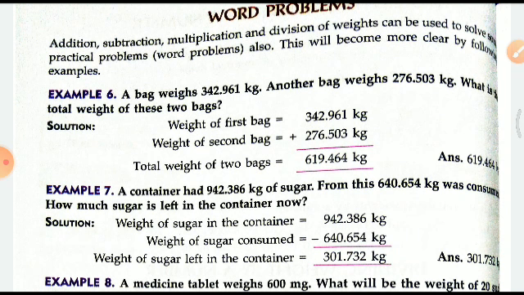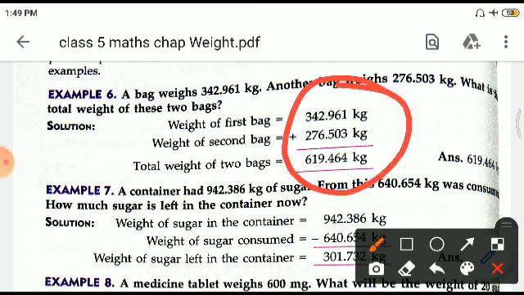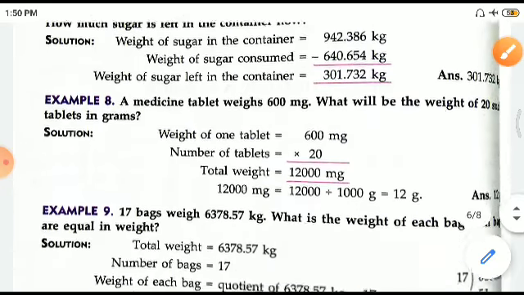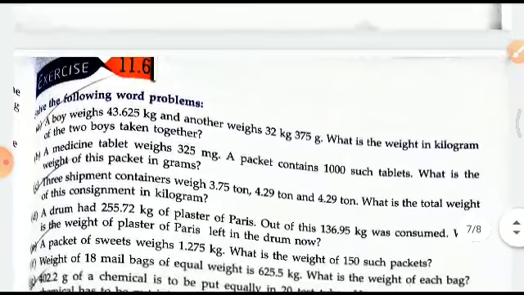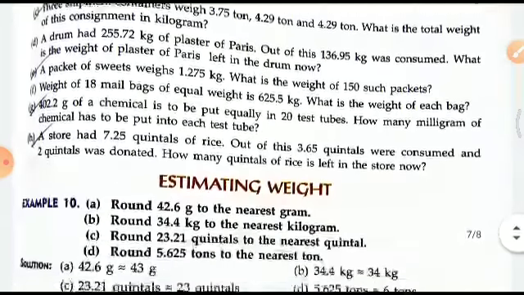Total weight means addition, so we will be adding the two quantities. See, this has been exactly done here. 342.961 is added to 276.503 to get 619.464. So this is how you'll identify whether it is addition, subtraction, multiplication or division, and then you will solve this exercise, right?